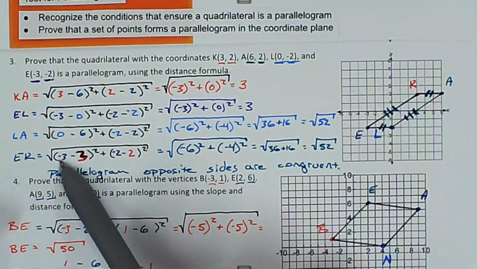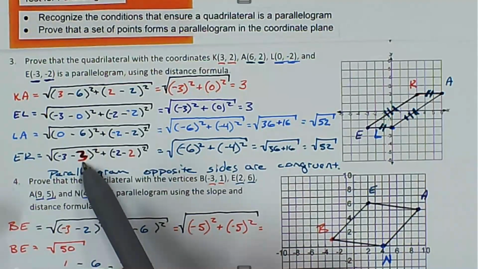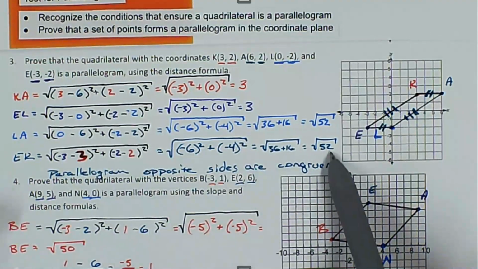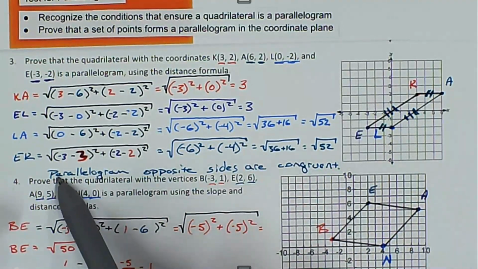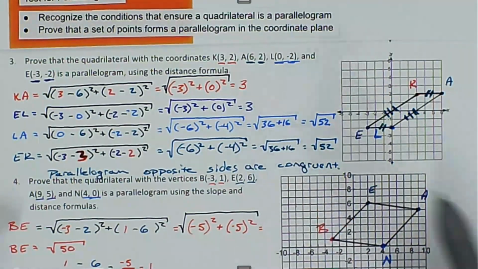Coordinate of E is (-3, -2). Coordinate of K, got to write neater, is (3, 2). And so we do our math, and we end up with the square root of 52. So this is a parallelogram because opposite sides are congruent.